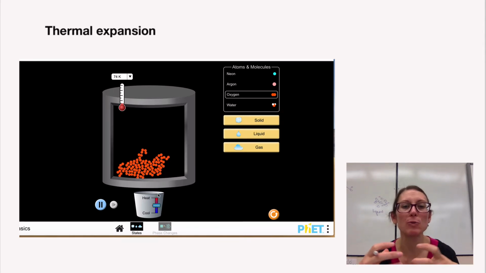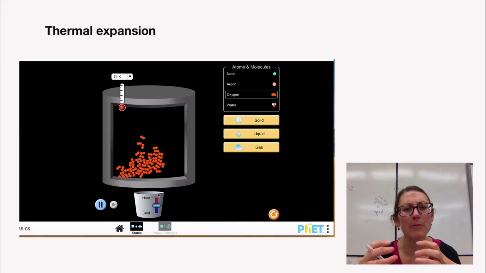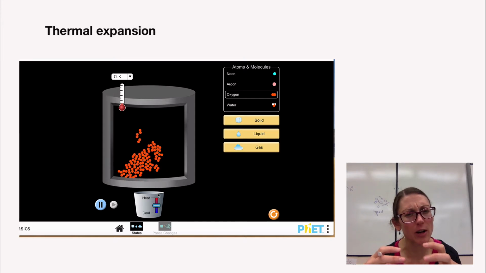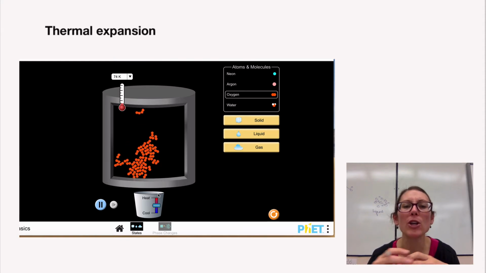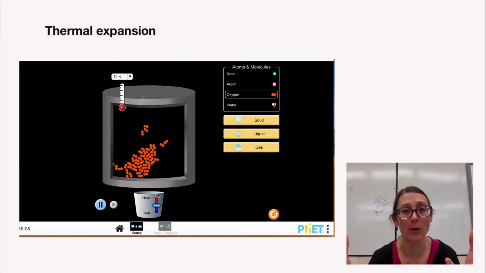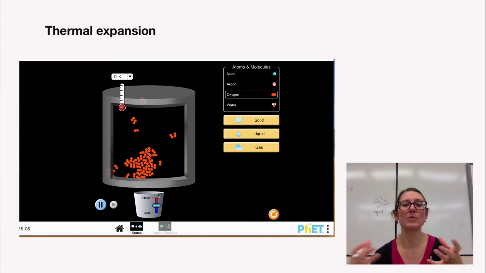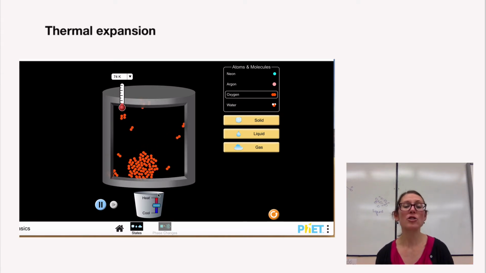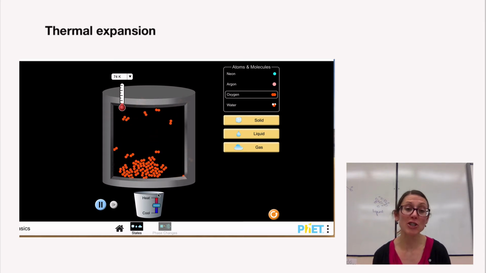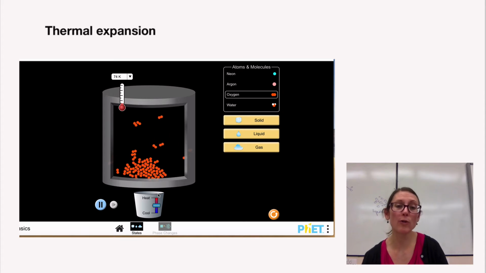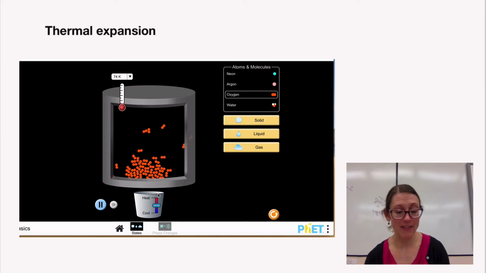Those particles start to move apart a little more. The bulk of it's probably still a liquid, although we're starting to change into a gas a little bit. But you have more space between the particles, and that's going to cause them to take up more space. So for most materials, yes, there are exceptions, but for most materials, as you heat them, the particles will move apart because they're moving more, and they will expand.